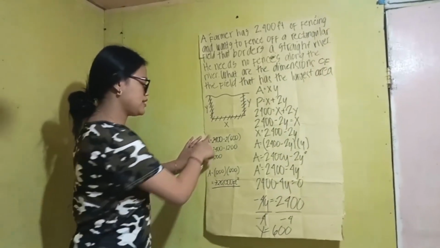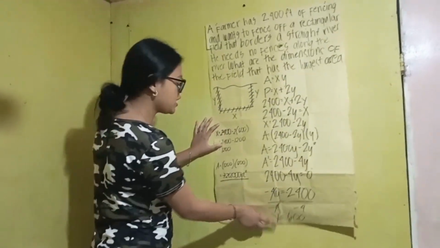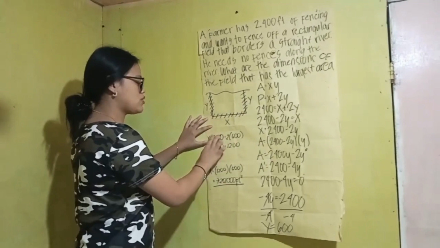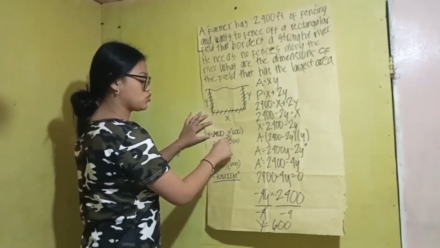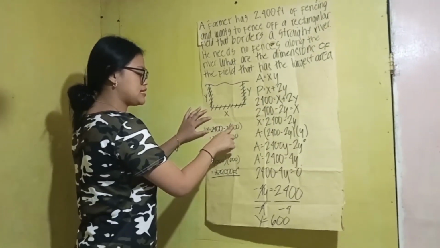So you can see here, this is the y, and x is 2,400 minus 2 times 600.